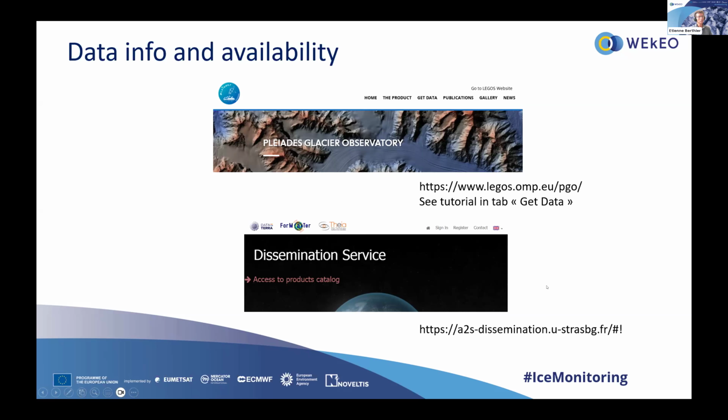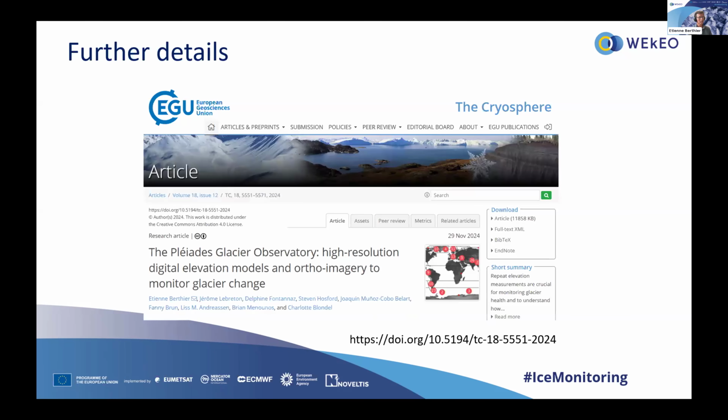And then you will be linked to a database which is based in Strasbourg, where you will have access to the digital elevation model and the elevation difference map. If you want the very high resolution images associated to the DEM, you will need to sign a license because they are considered as sensitive products by the defense service. So you need to register and sign a license before accessing this data.